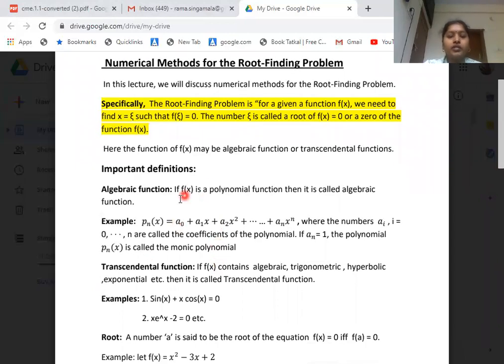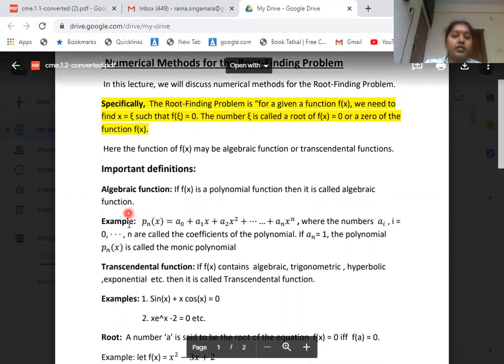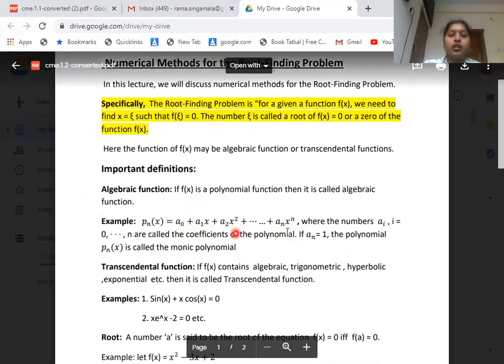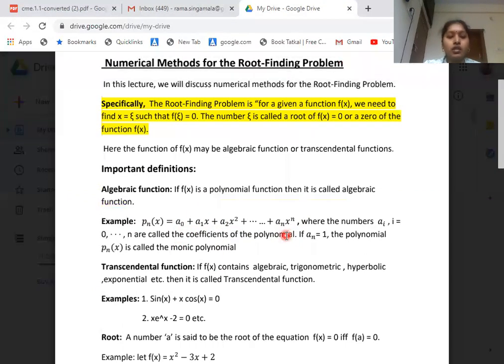So, if f(x) is a polynomial function, then it is called algebraic function. For example, f(x) can be in the form of a0 + a1x + a2x^2 + ... + an x^n, where a0, a1, a2, ..., an are some constants with an non-zero. If an equals 1, then the polynomial is called monic polynomial.